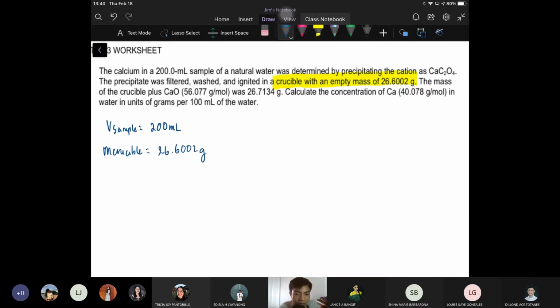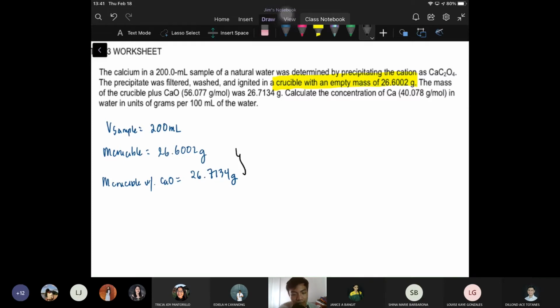Then, after ignition, nilagay mo na yung precipitate mo, filter paper, then inignite mo siya. After that process, the mass of the crucible with calcium oxide is now 26.7134 grams. Okay. So, ang question dyan is paano mo kukunin yung mass ng precipitate, mass ng calcium oxide.